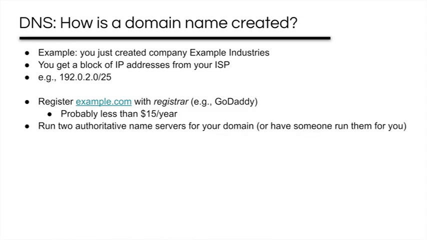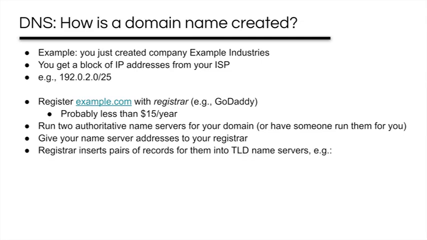And then you run two authoritative name servers for your domain, or you have someone run them for you. I believe GoDaddy actually offers this as a service that you can pay for. Even cheap web hosting plans will generally serve as your name servers for you. And you give the addresses of your name servers to the registrar.